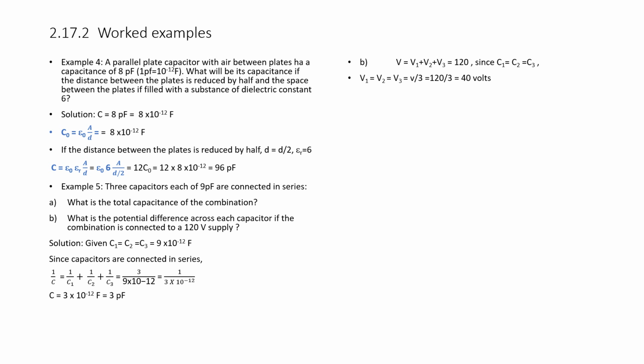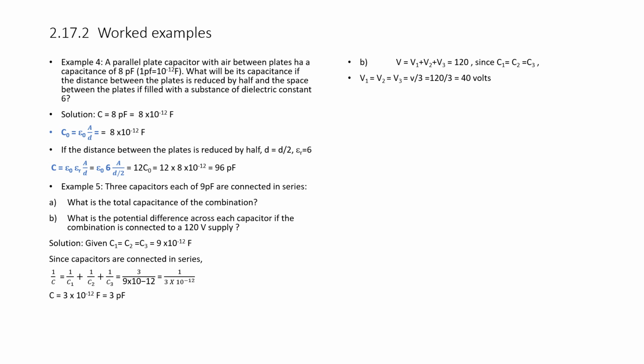Now part B. Then he is asking to find out the potential difference across each capacitor. Since capacitors are connected in series, the potential difference is divided in the ratio of their capacitances. Because all three capacitors have equal value, the voltage will get divided by 3.